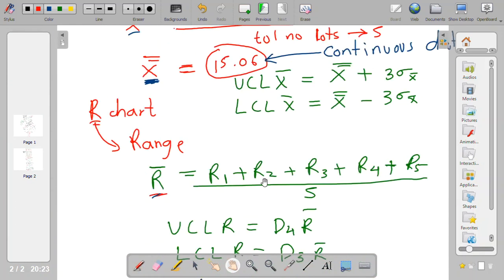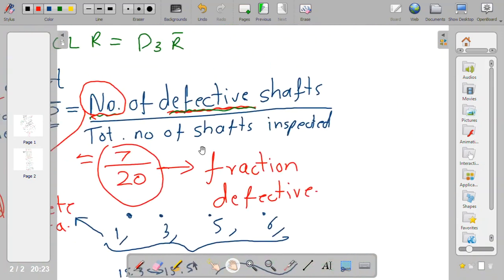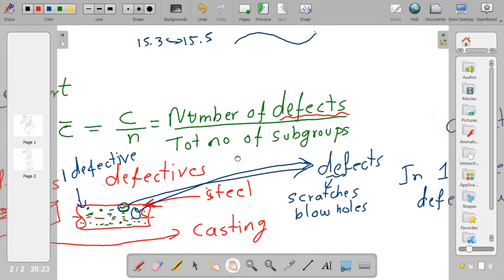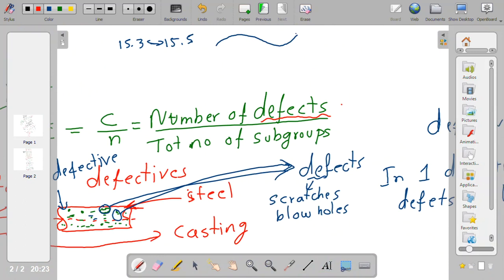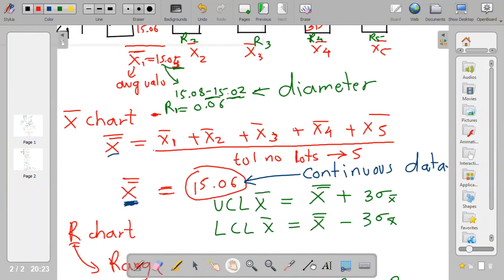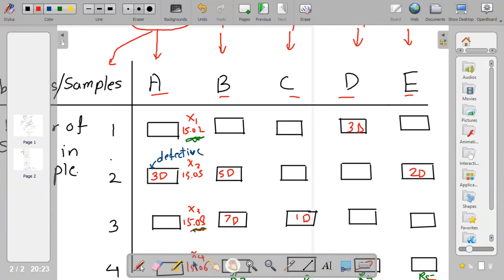Okay, so C bar equal to total number of defects divided by total number of subgroups. Okay, number of defects were 24 and total number of subgroups, 5. Okay, so these are subgroup 1 2 3 4 5.